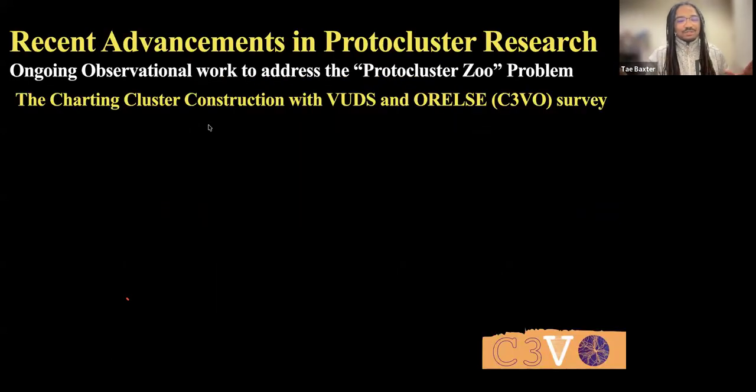And all of this goes to some additional observational work that I'm a part of. I'm a member of a collaboration known as the Charting Cluster Construction with VUDS and ORELTS, or the C3VO survey. This survey is helping us address this protocluster zoo problem by not selecting just individual galaxies, highly star-forming galaxies or massive galaxies, but we're taking all the galaxies we can find and getting spectra, getting distance measurements of these galaxies using the Keck telescope and the Gemini telescopes on Mauna Kea.